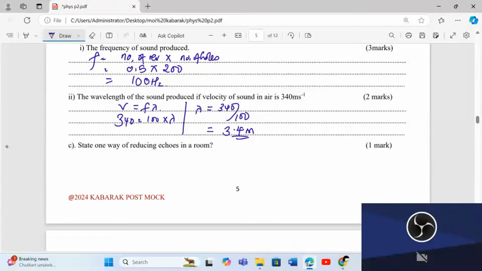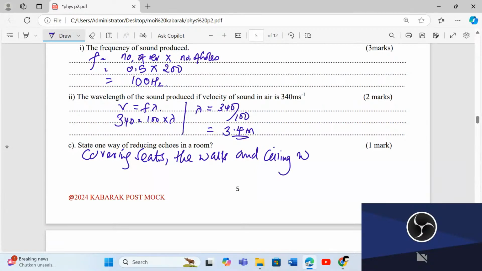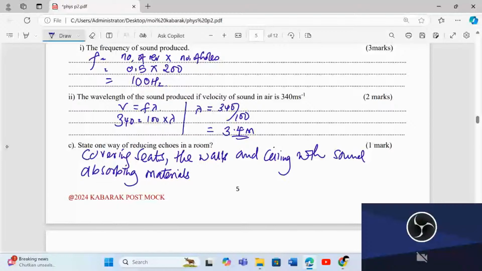Say, covering seats, the walls, and the ceiling with sound absorbing materials, e.g. materials made of rubber and wool.